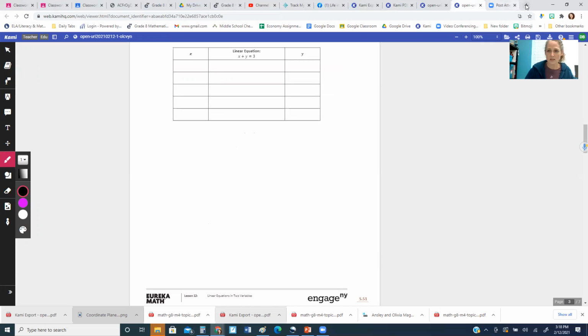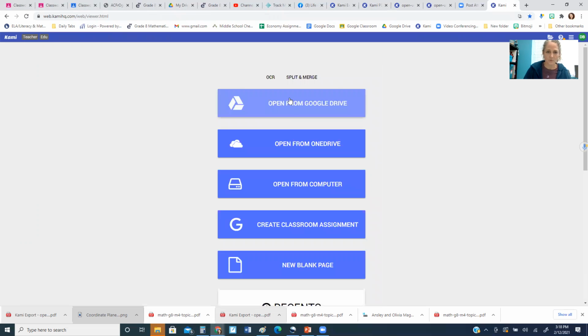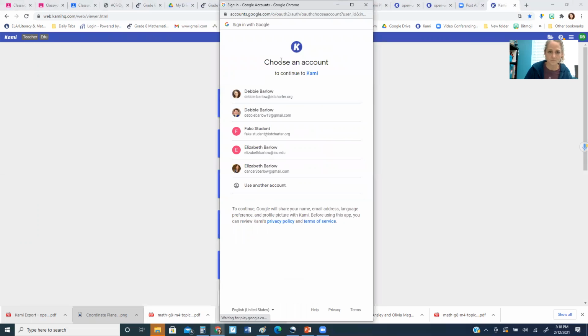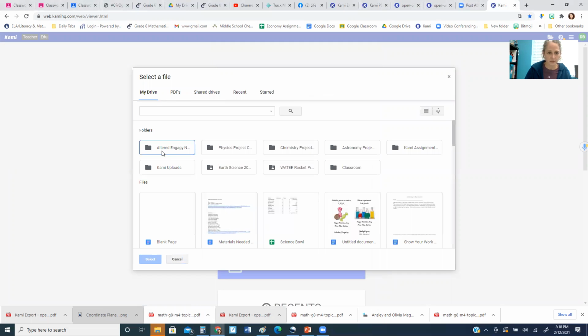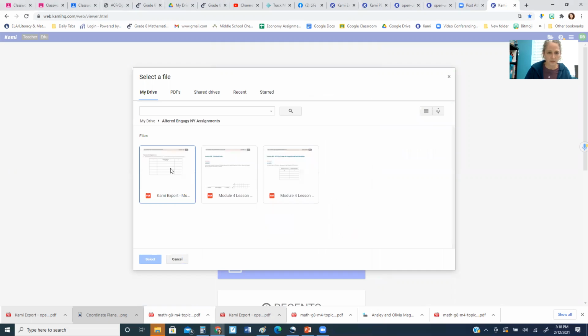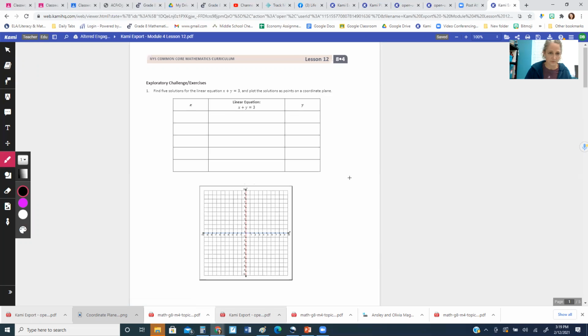I'm going to open a new Kami window and grab your assignment, open from Google Drive. There we go. There's the coordinate plane. Okay, so it shows up on your assignment. That's good because you kind of need that. I don't know why it didn't show up on the other one.